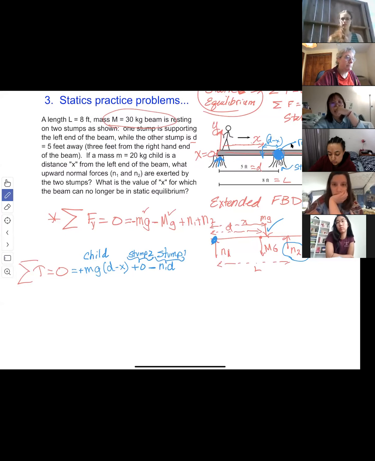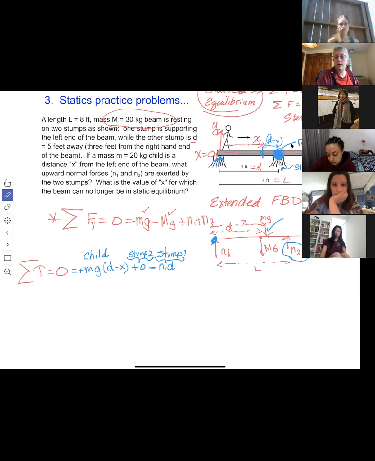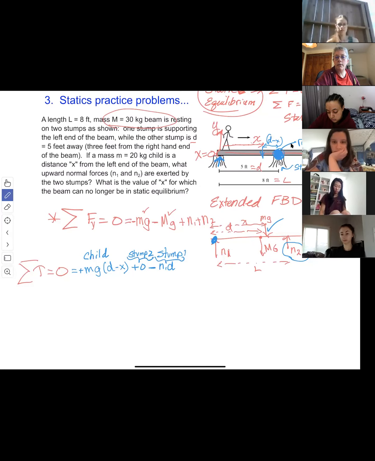I'm not so sure. I just know that when we were working with this question, I think we said the two normal forces would go to 0, because one of the normal forces is at the axis, or the center of rotation, and the other one is just, I think, going to 0.